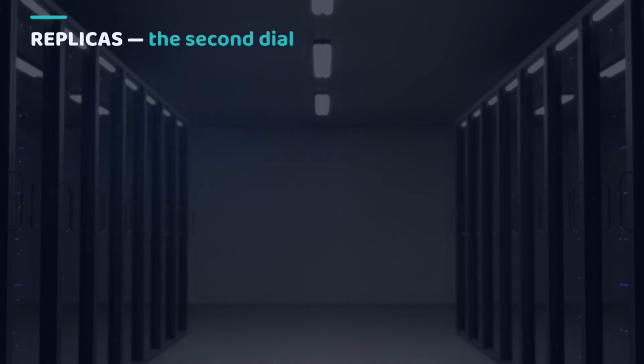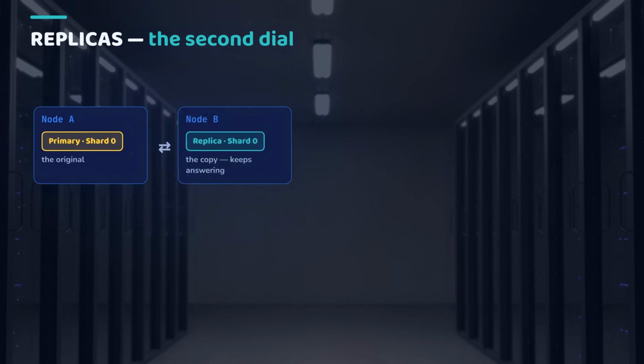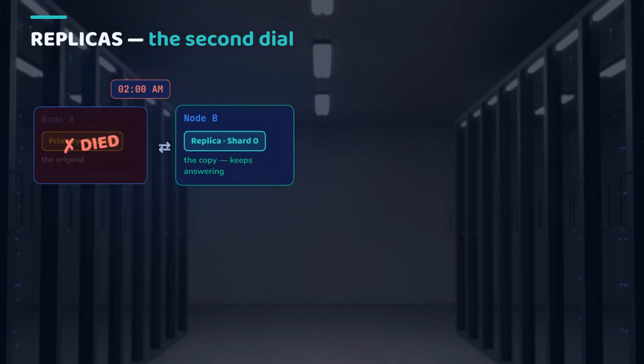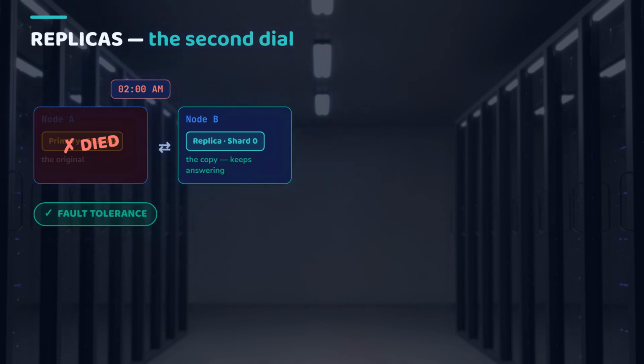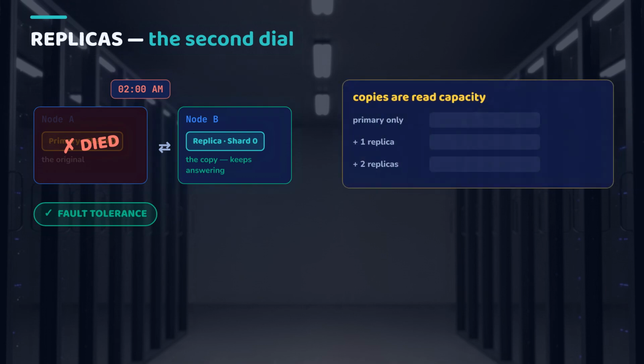Then there's the second dial, replicas. Every shard gets a copy living on a different machine. If a node dies at 2 in the morning, the copy keeps answering. That's fault tolerance. But copies aren't just insurance, they're capacity.